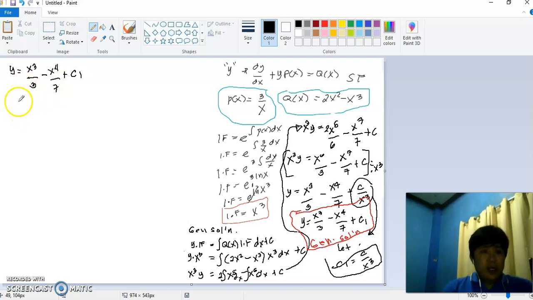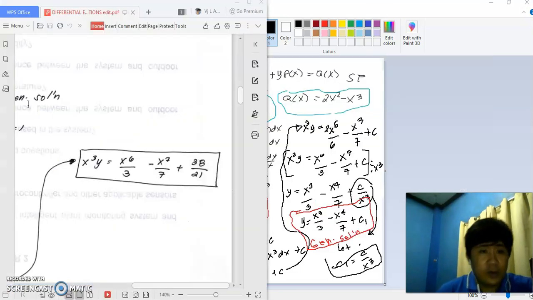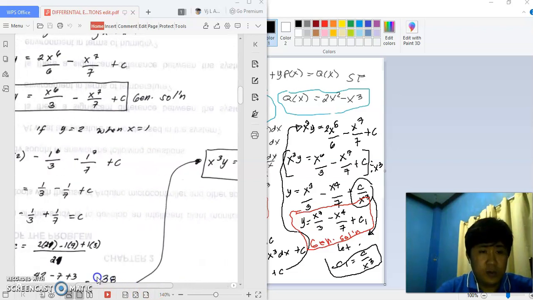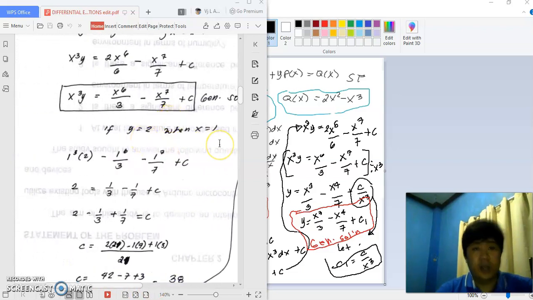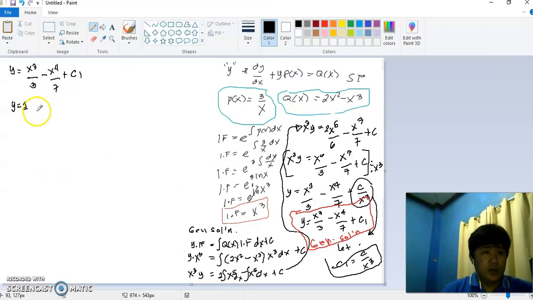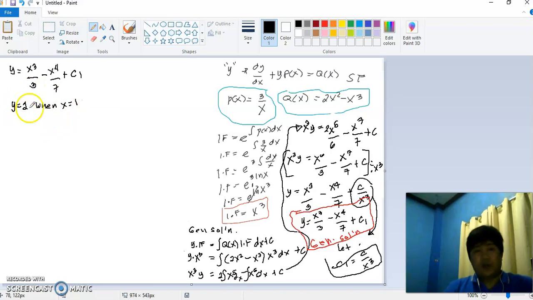Now, the condition states that y is equivalent to 2 when x is equal to 1. So we simply substitute the y and the x in the given general solution.